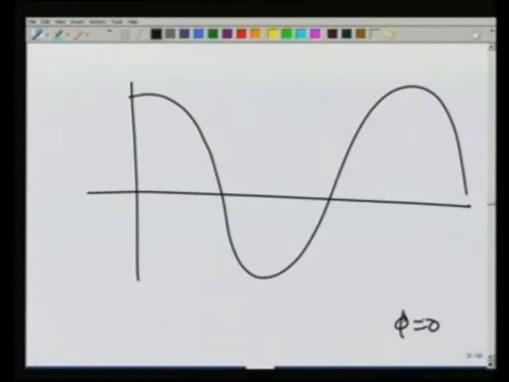Let us take the case of phi equals 180 degrees. Phi equals 180 degrees would be such that it would achieve at 0 what the 0 phase had at 180 degrees. So the motion would look something like this.